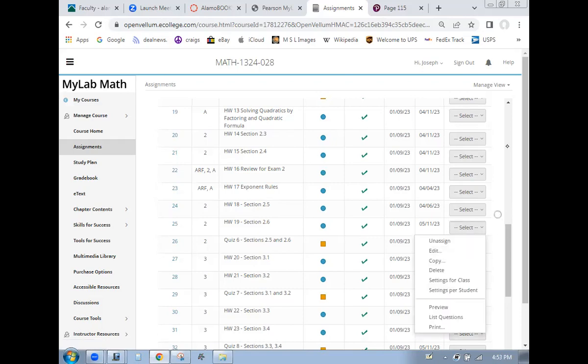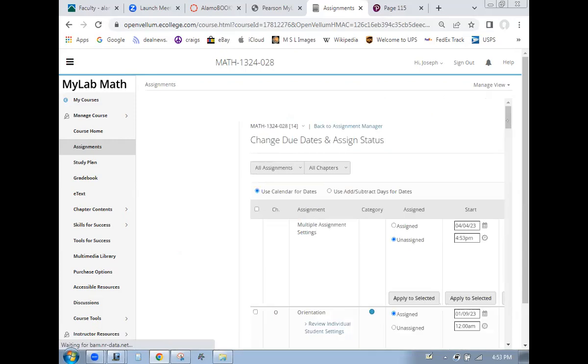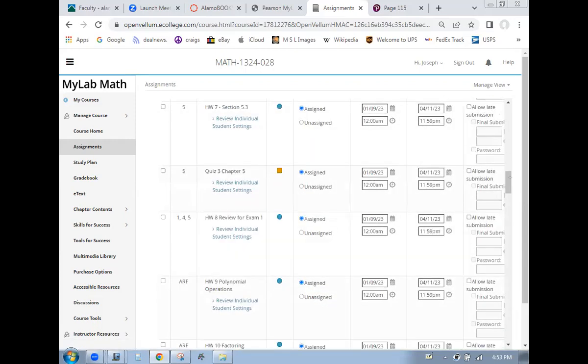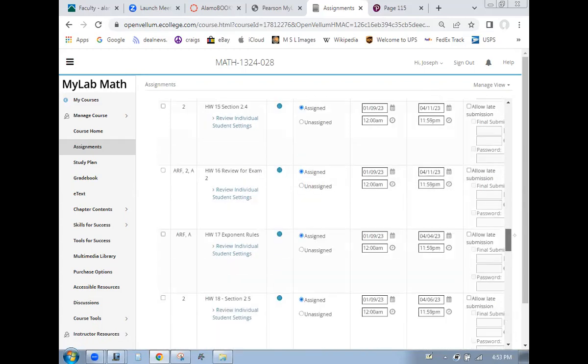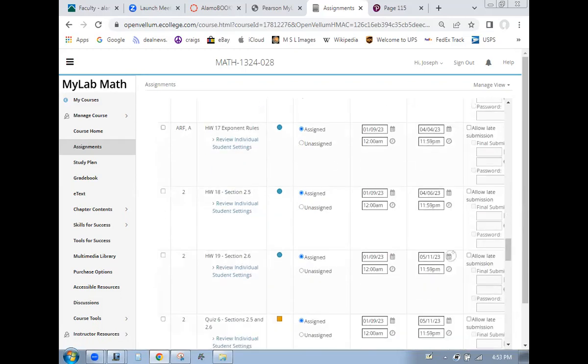How do I do this? Change dates. There we go, 2.6. All right, so 2.6 is due. What is today? The 4th?